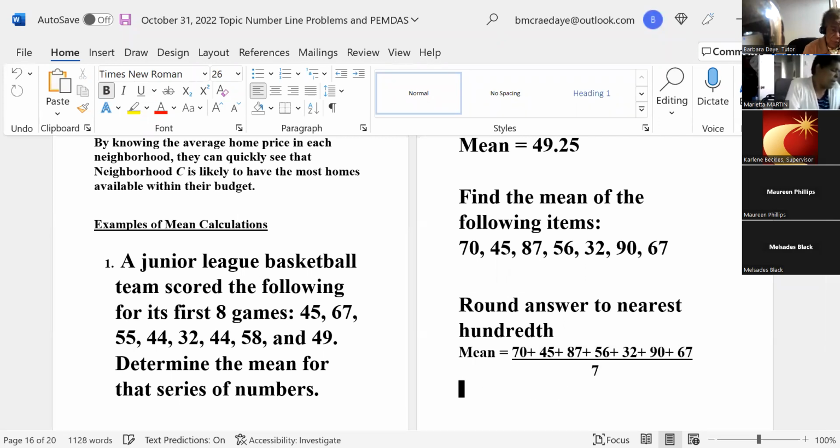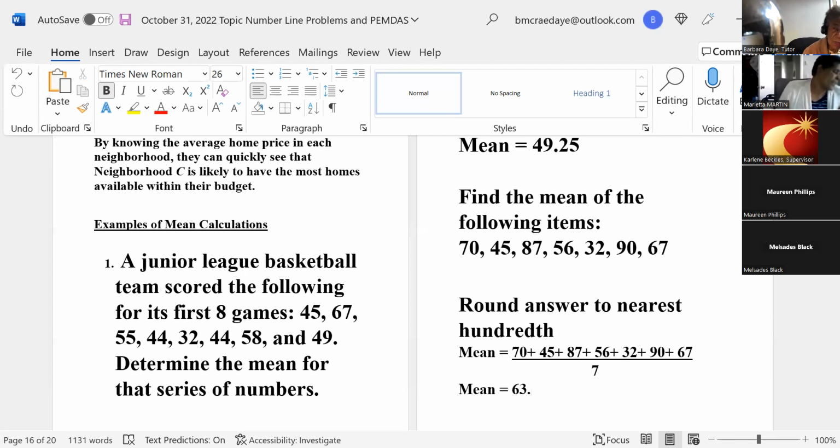What was your answer? I get 63.5714. What comes after the 63?